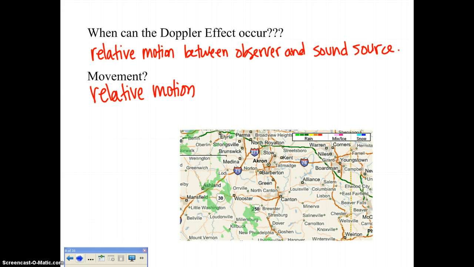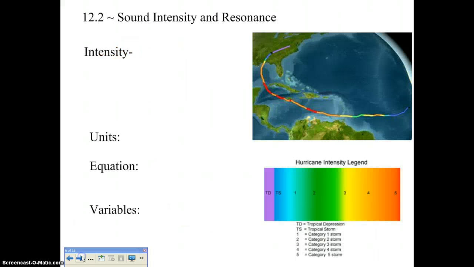Another thing we're used to seeing every day is the Doppler effect, like Doppler radar for weather. That would be another place where you would see this. How far away is that weather from us? How can they incorporate that?